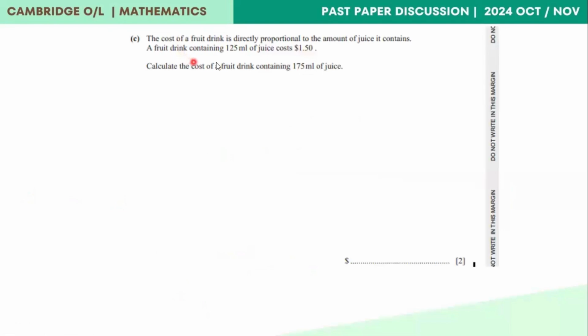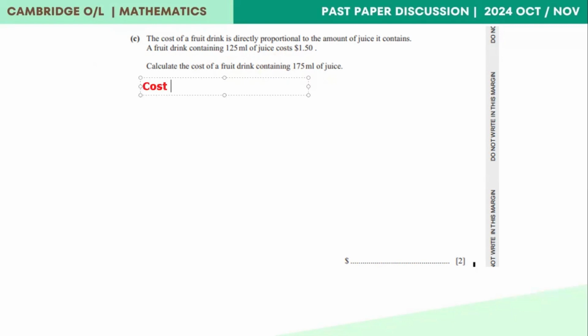The cost of a fruit drink is directly proportional to the amount of juice it contains. A fruit drink containing 125 milliliters of juice costs $1.5. Calculate the cost of a fruit drink containing 175 milliliters of juice. So, direct proportions.